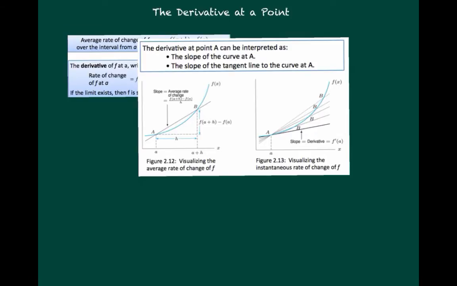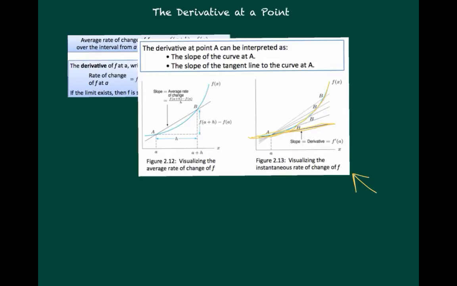Let's look at this graph on the right. Imagine this blue curve being the curve in question, and the tangent line is that line that just barely touches the blue curve.